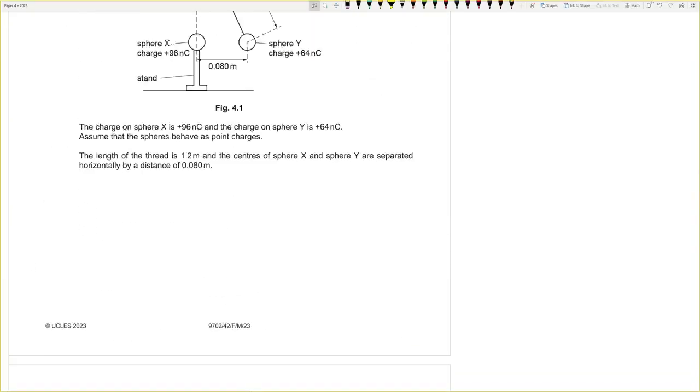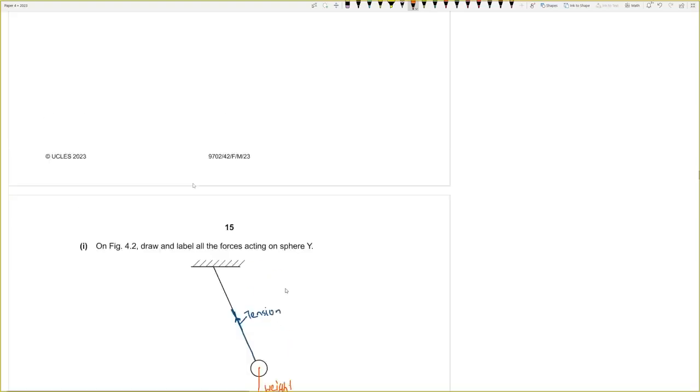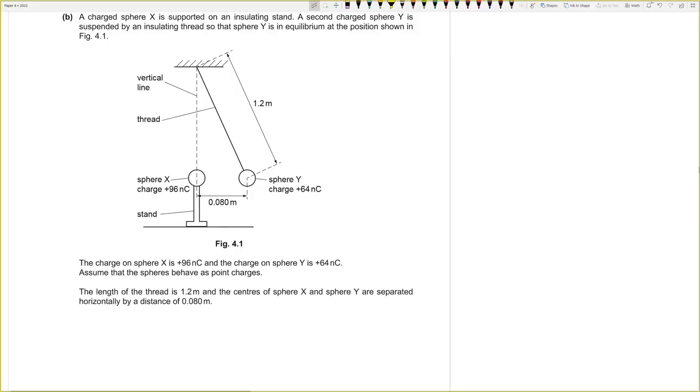Draw and label the forces acting on sphere Y. So clearly there's a thread, so a tension is acting. And then this is the direction of tension. Then we have a weight which is acting vertically downwards. What else do we have? We have an electric force. So how will the electric force act?